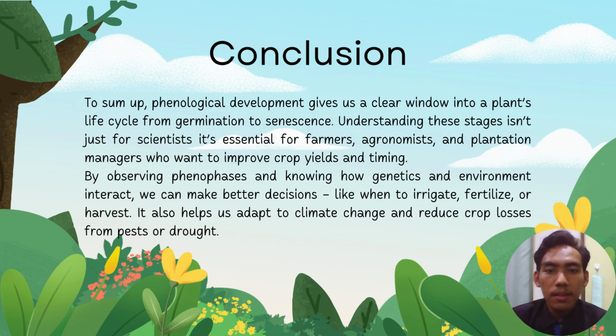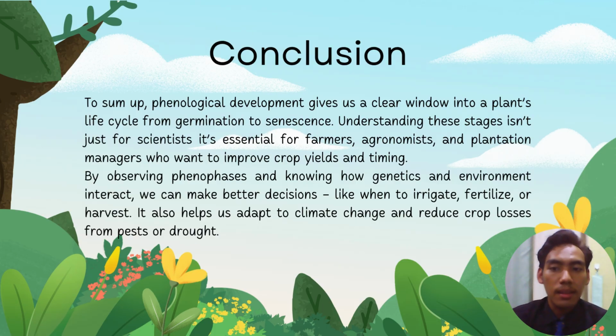And lastly, for conclusion, to sum up, phenological development gives us a clear window into a plant's life cycle from germination to senescence. Understanding these stages isn't just for scientists, it's essential for farmers, agronomists, and plantation managers who want to improve crop yield and timing.